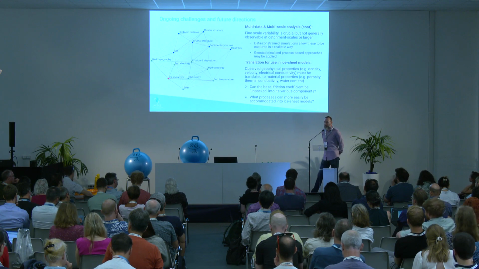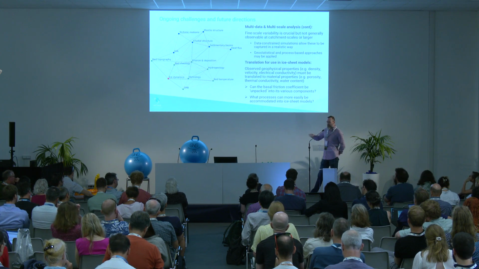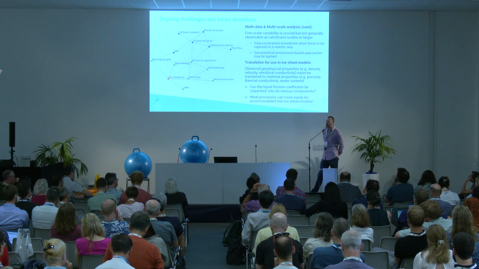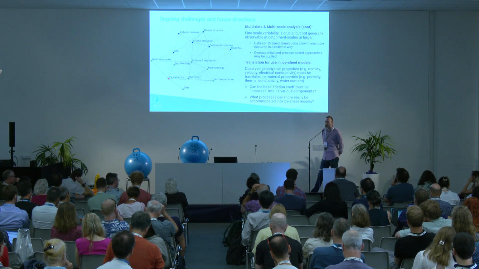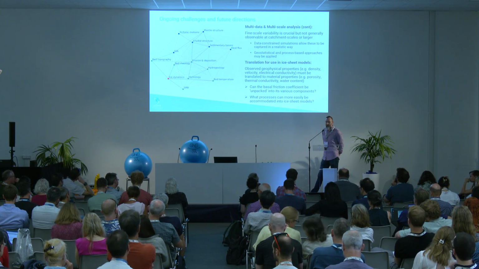So I think we need to understand that as an unknown, but it's becoming fairly clear that having that smooth bed is perhaps not ideal for generating a realistic response of the ice sheet. So yeah, a lot of work to do, lots of models to run.